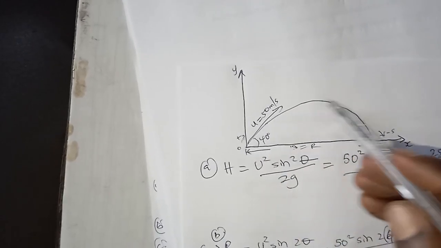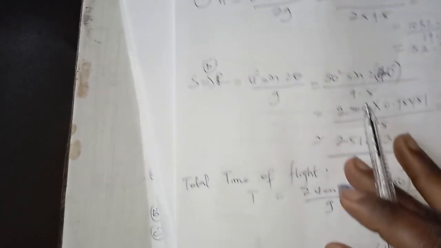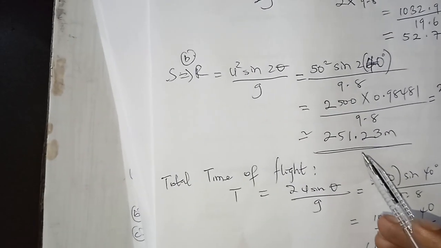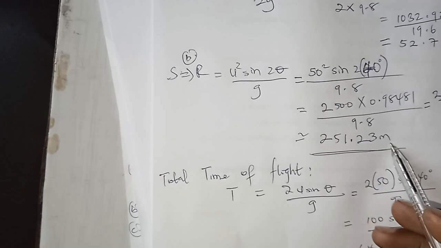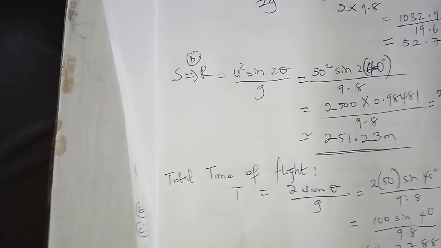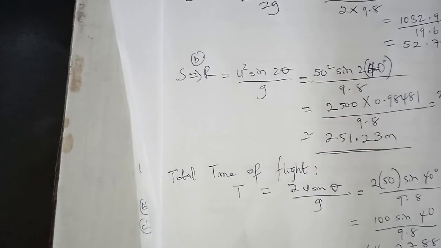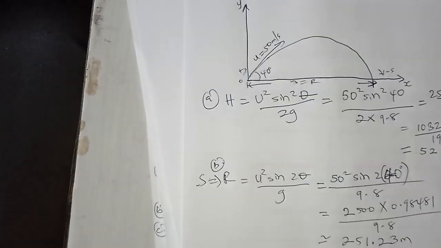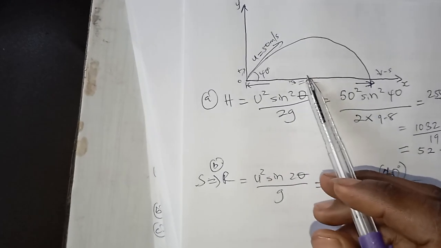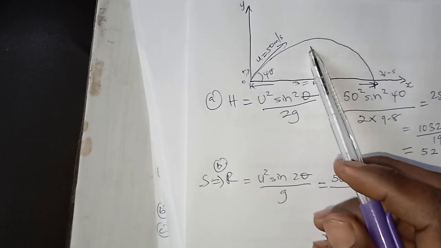So what did I get as my range? I got 251.23. That is my total horizontal displacement. Now let's check on the vertical axis. Do we know anything about the heights? Yes, the maximum height is 53 meters.